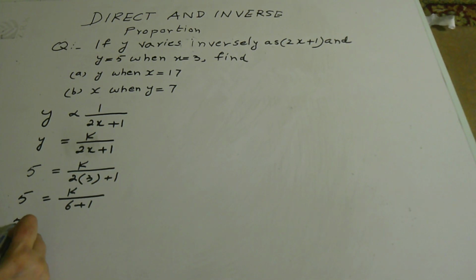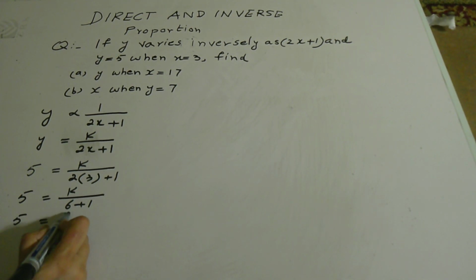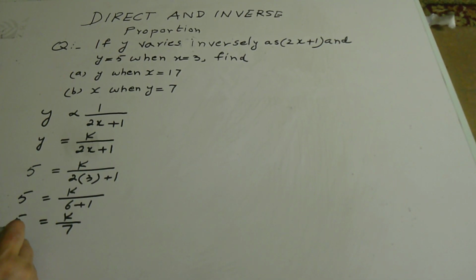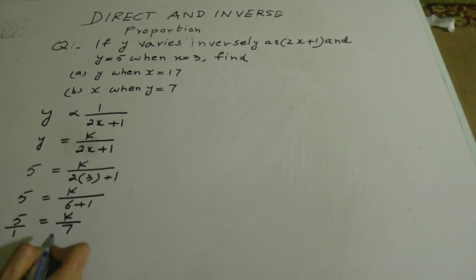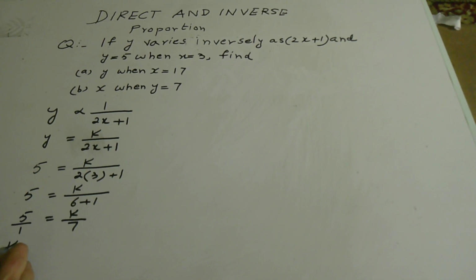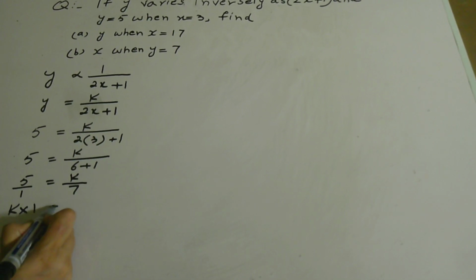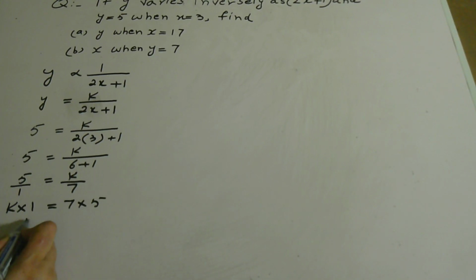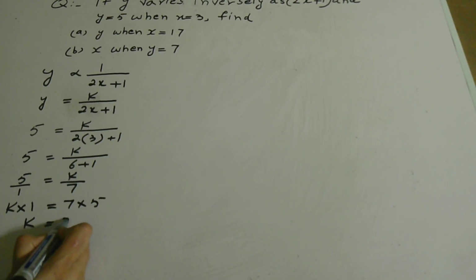So 5 is equal to k over 7. Now you will do the cross multiplication. Over 1 you can write it. So k multiplied by 1 is equal to 7 multiplied by 5. So k is equal to 35.